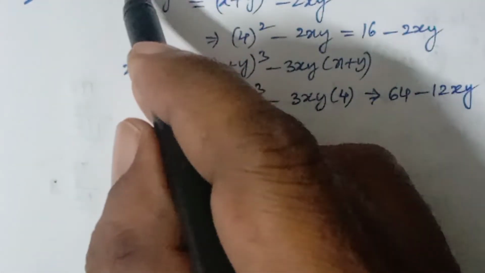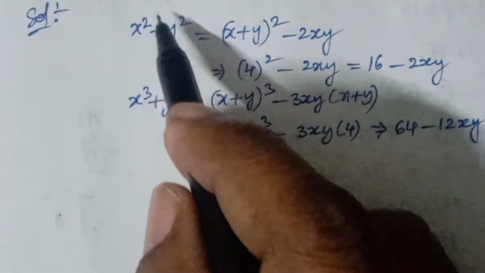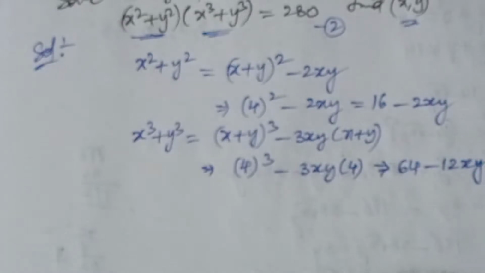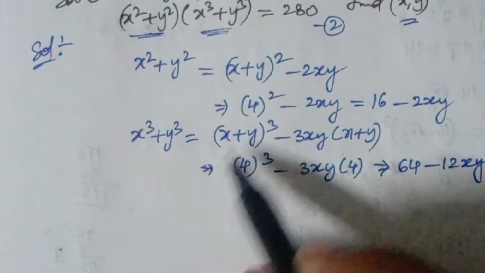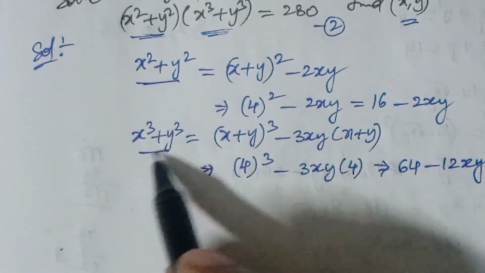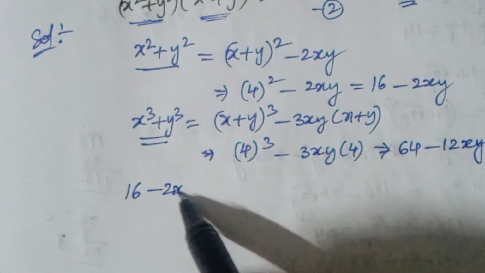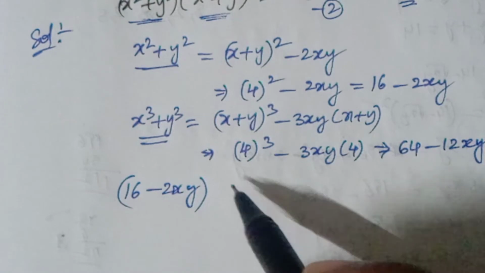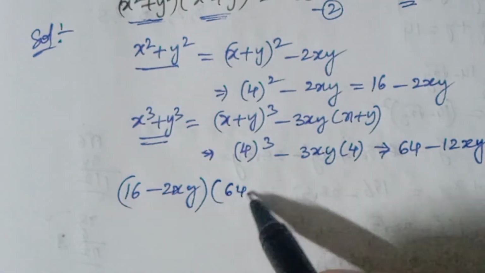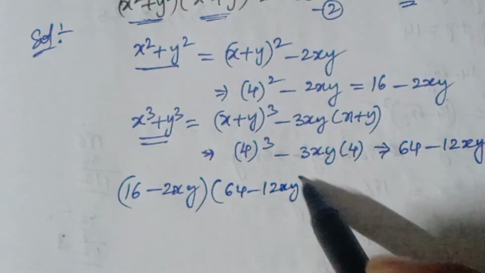Now here I want x square plus y square and x cube plus y cube value. So I am multiplying this x square plus y square and x cube plus y cube value. 16 minus 2xy into 64 minus 12xy.